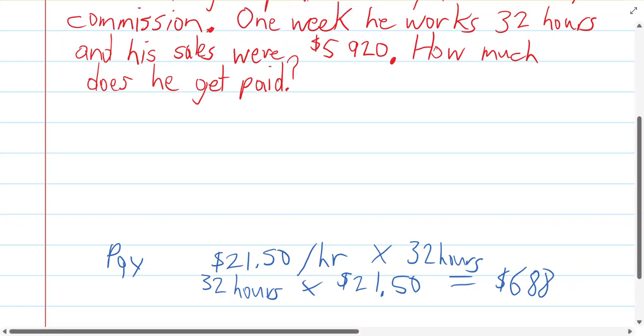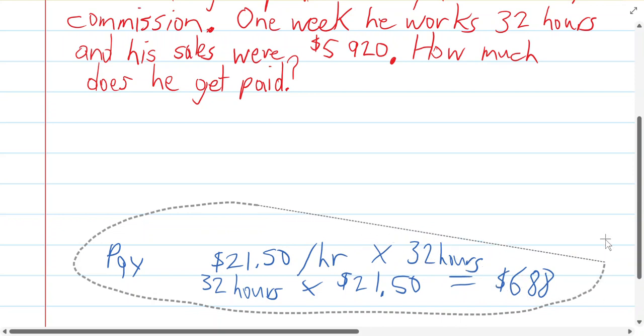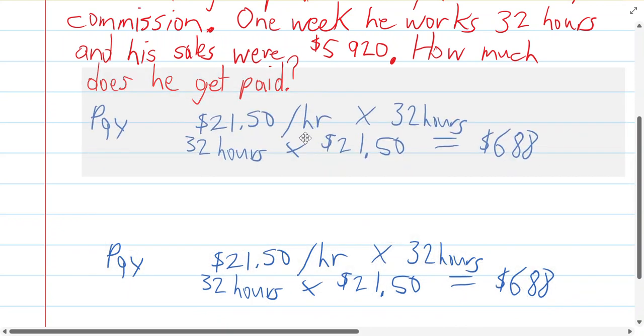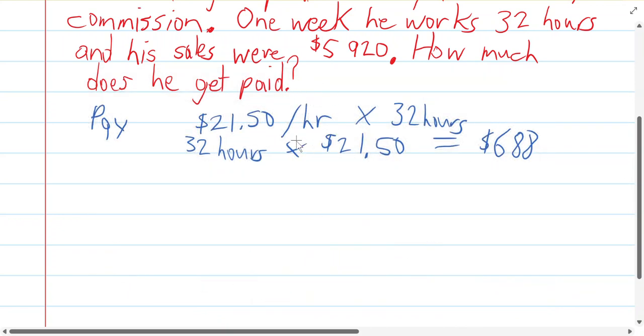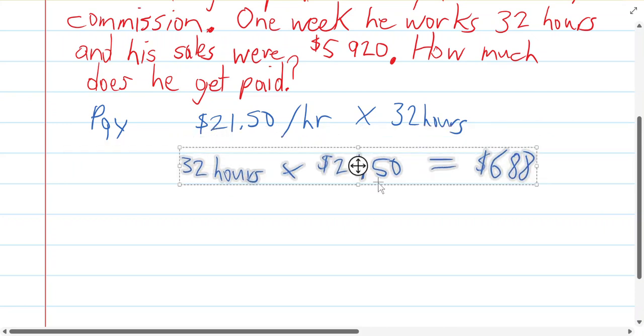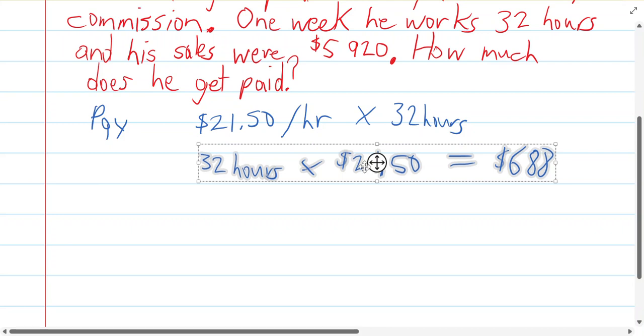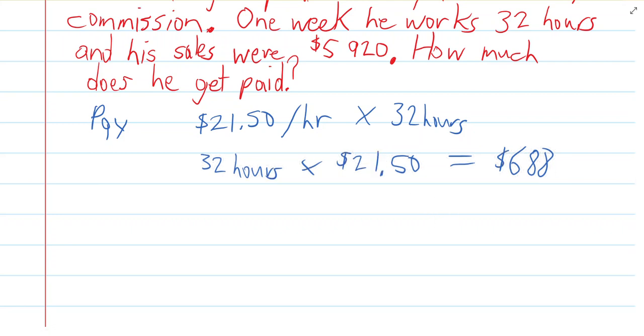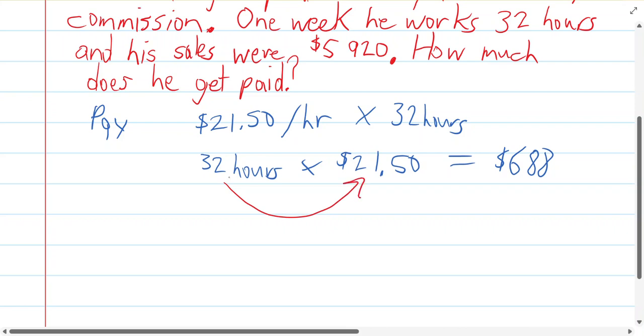It doesn't matter which one you do. That is his pay. Now again, whichever multiplication you do is fine, it does not matter, but you got to get his hourly pay. It doesn't matter if you have 32 at the front or the 21.50 at the front, it's going to be exactly the same.